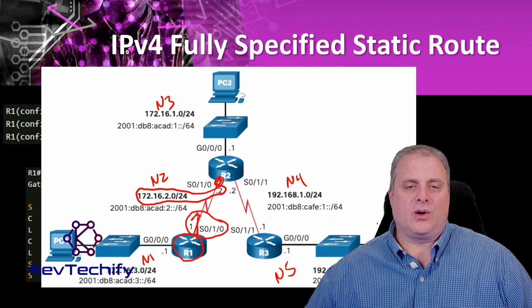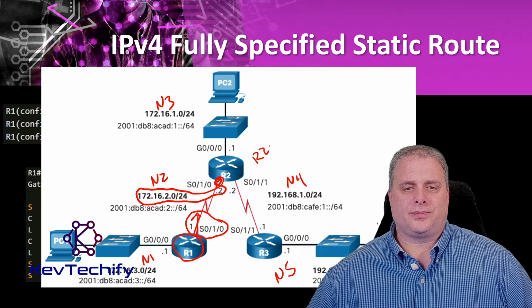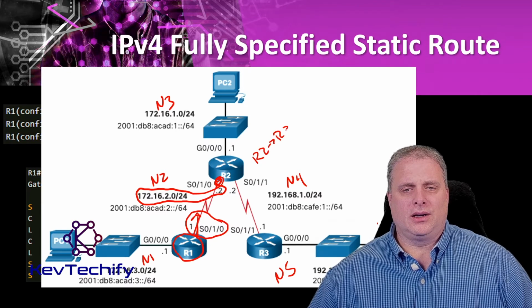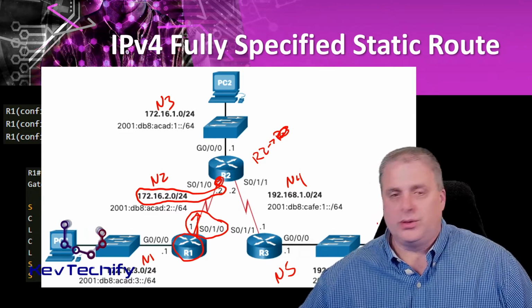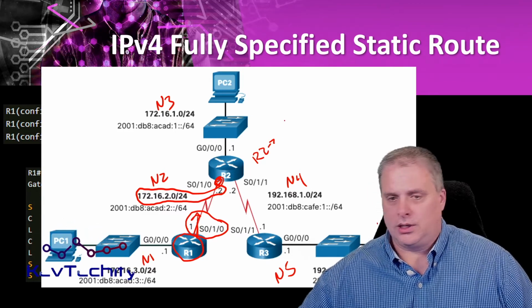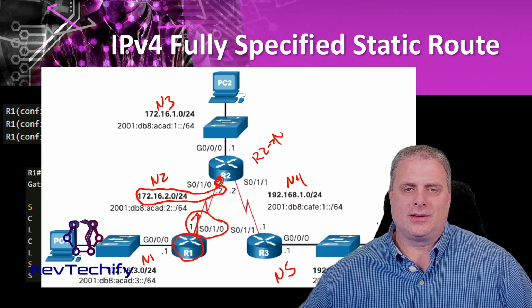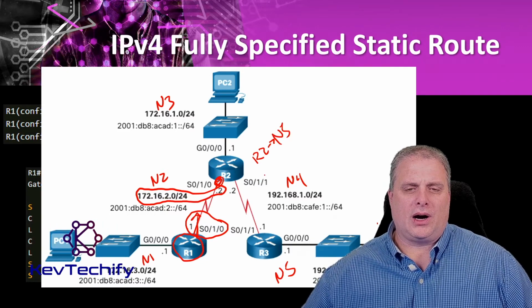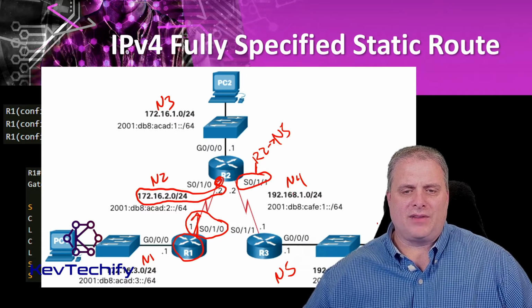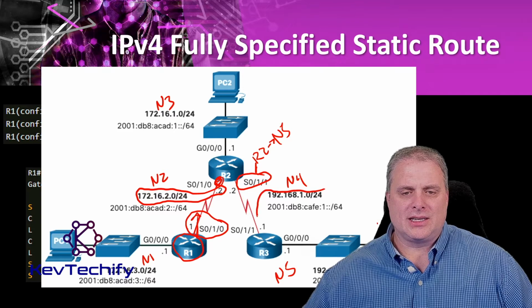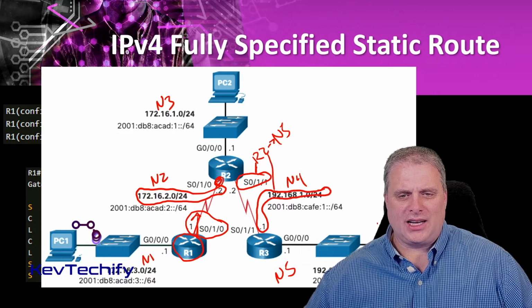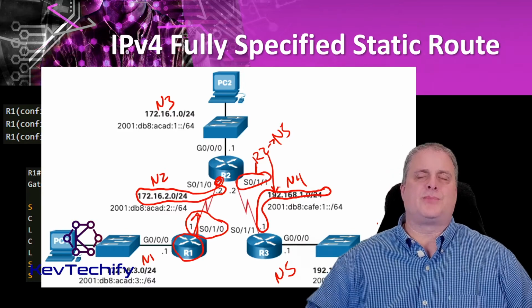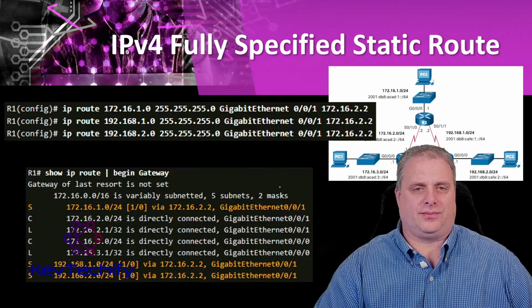Then from R2 to network 5, we have to go out this exit interface and down to this IP version 4 address. That will give us a fully specified static route.